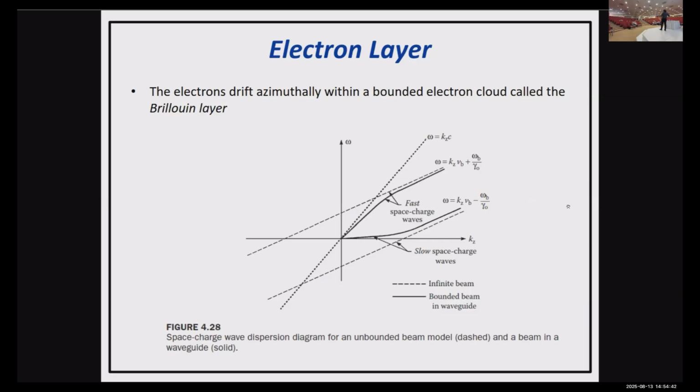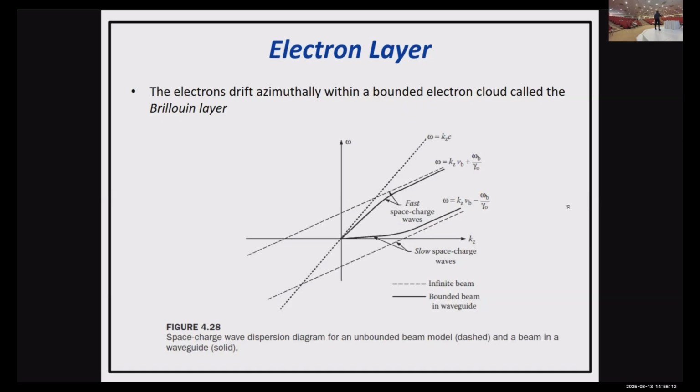They're going to push each other, right? Similar charge. We can approximate them as two groups, what we call the fast group, the one having a little bit faster velocity, and this is going to be the plasma frequency of the beam with the relativistic factor. We're going to have a fast space charge wave and a slow space charge wave.